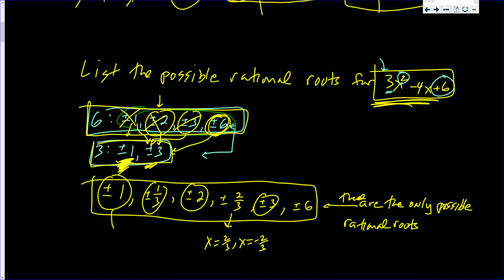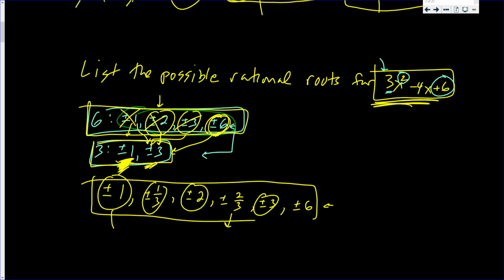If it's none of them, then there are no rational roots. There can be complex roots, there could be irrational roots. How would you find out what's going on? How would you find out if one of these is a root?